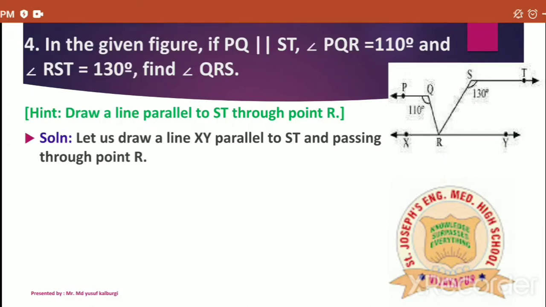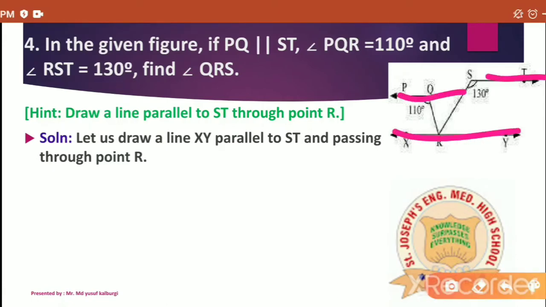Now once you draw that, just observe the figure. Angle PQR and QRX, are they co-interior angles? Obviously, why? Because the lines are parallel to a common line, so they are parallel to each other. PQ is parallel to ST and ST is parallel to XY.